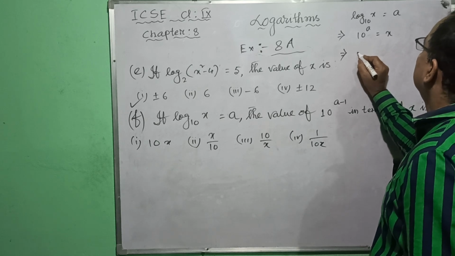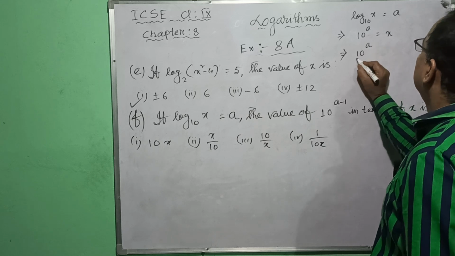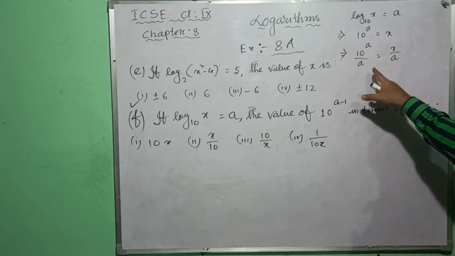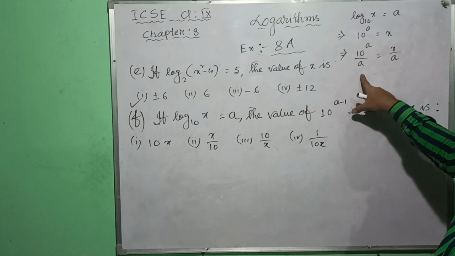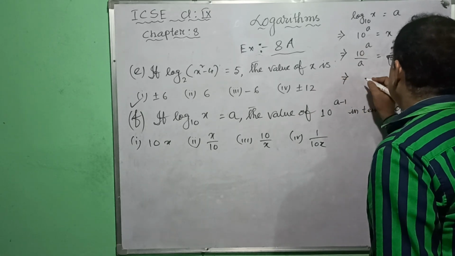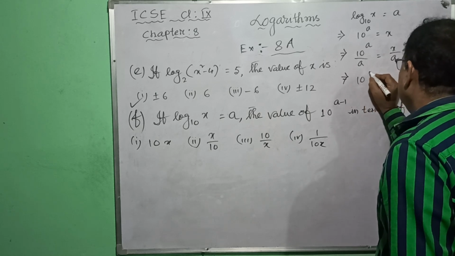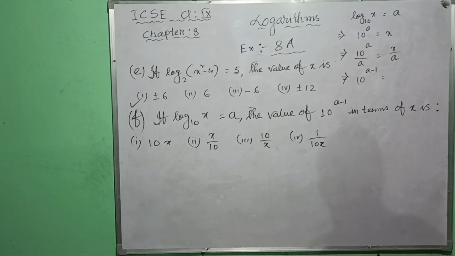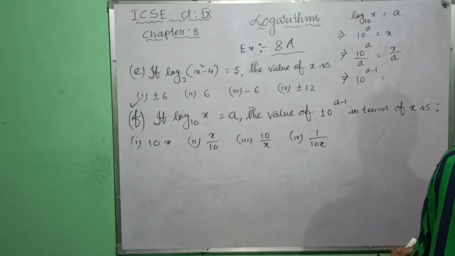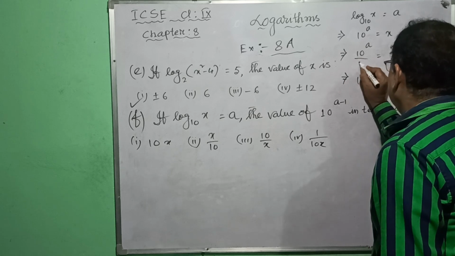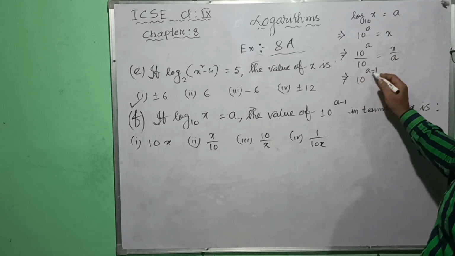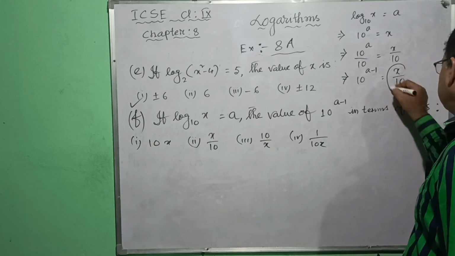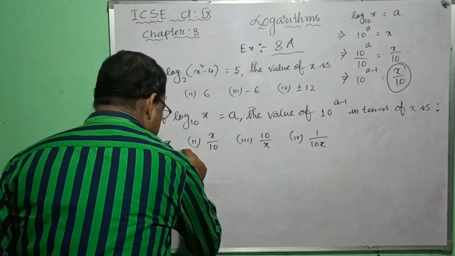It means that we'll write 10 to the power a divided by 10 equal to x divided by 10. So 10 to the power a by 10 is 10 to the power a minus 1, equal to x by 10. So x by 10 is the correct option. So our option 2 is correct.